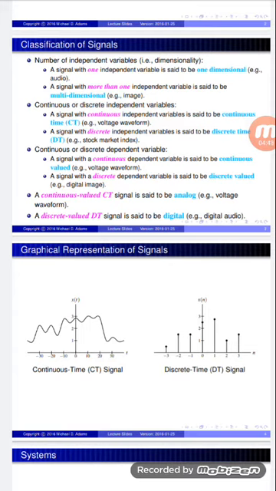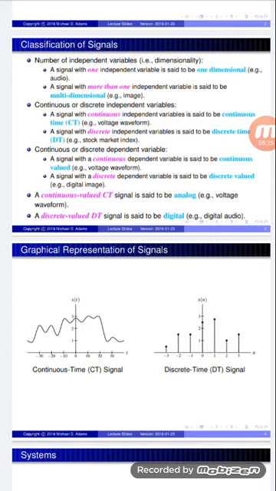Next, continuous or discrete independent variables. A signal with continuous independent variables is said to be a continuous time (CT) signal, for example a voltage waveform. Those signals contain several elements, and that type of signal is known as a continuous time signal.